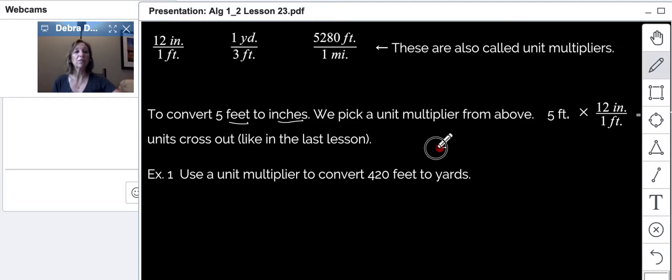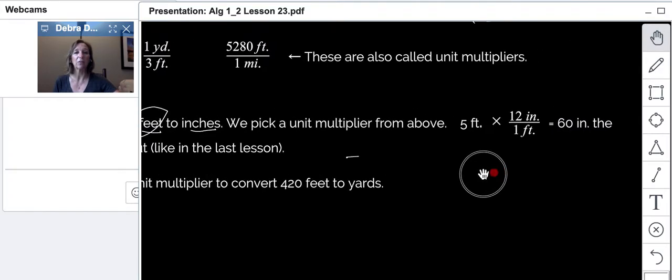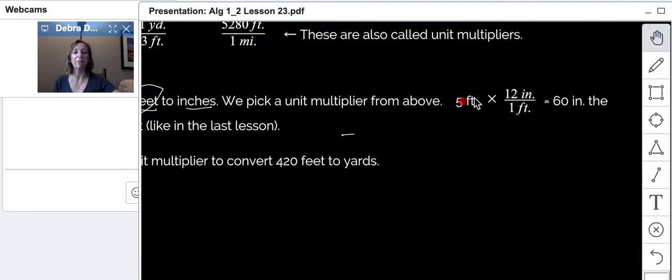If we want to convert 5 feet into inches, we start out with what we're given. We're given our 5 feet, and we want to make it into inches. So we have to find the unit multiplier that has feet and inches in it. If you look up here, this is our winner, 12 inches over 1 foot. So we're going to use that unit multiplier. We take 5 feet, that's what's given. You can put it over 1, that kind of makes it easier in the end.